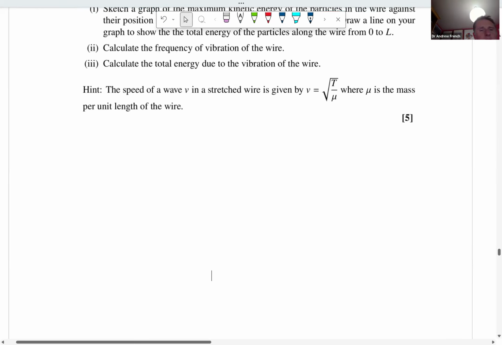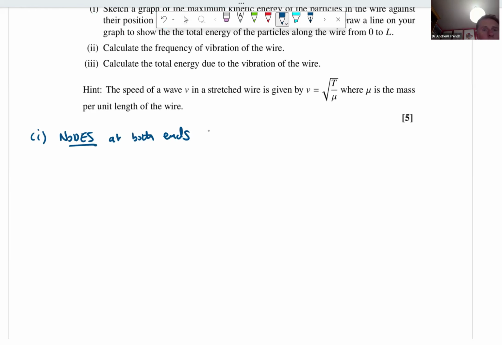We could go straight there, but I'm going to work out what our fundamentals are. So we've got nodes at both ends of the wire. Our quantization condition means L is n lambda over 2, where n belongs to the integers.